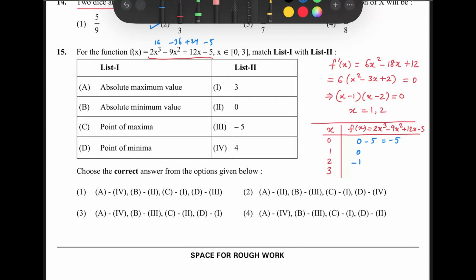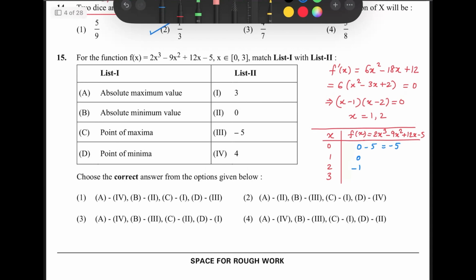And if I plug in x equals 3, I get 27 into 2, 54, minus 81, plus 36, minus 5, which gives 4.